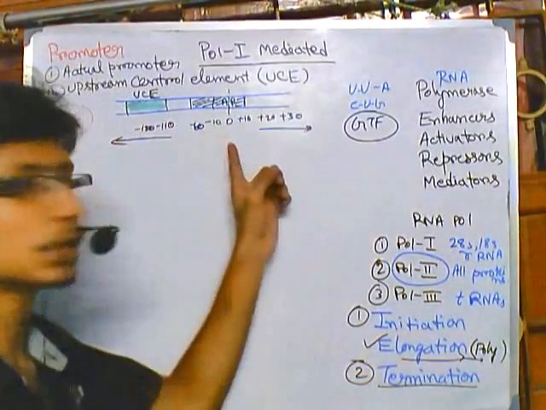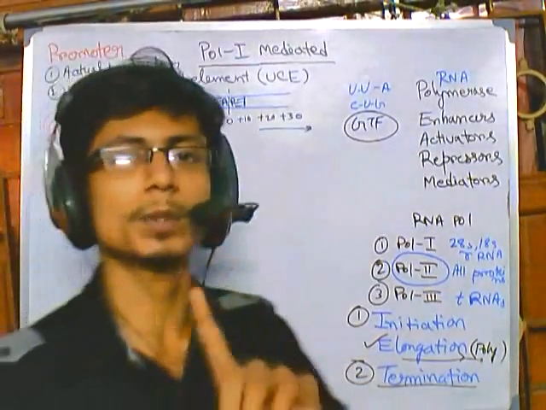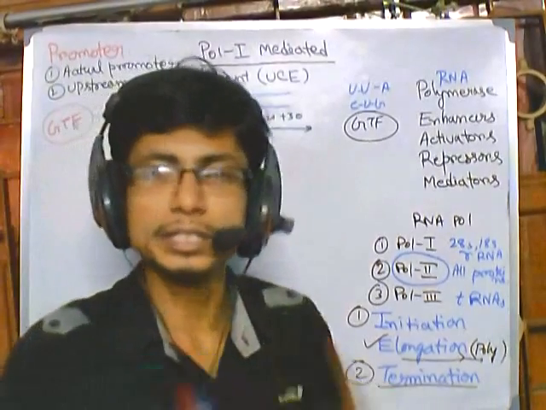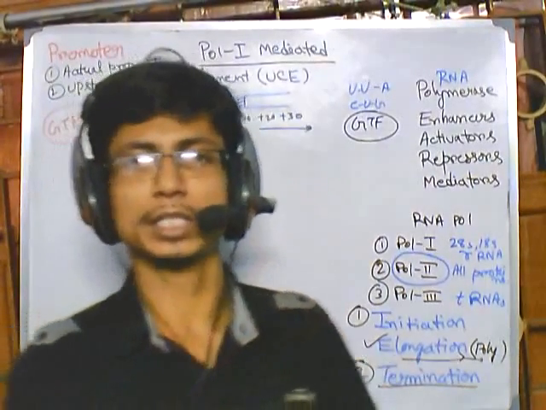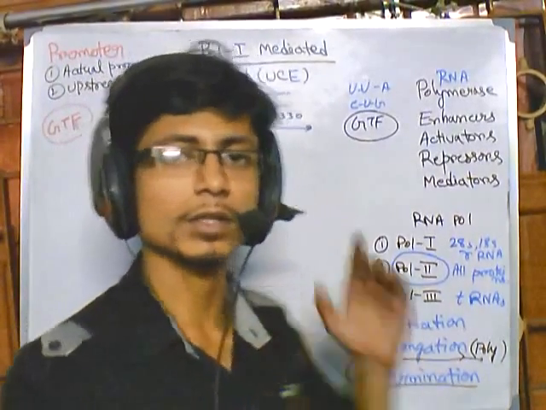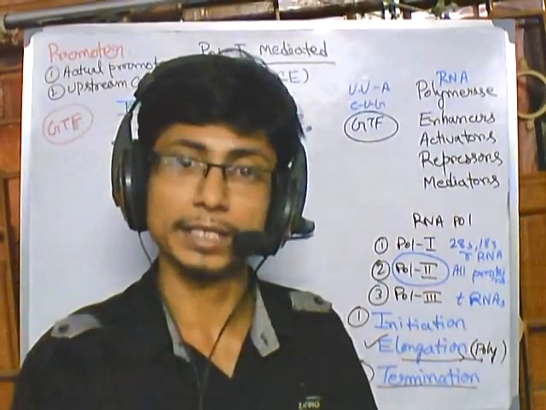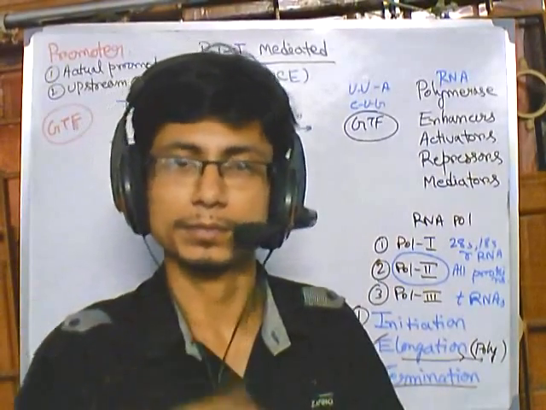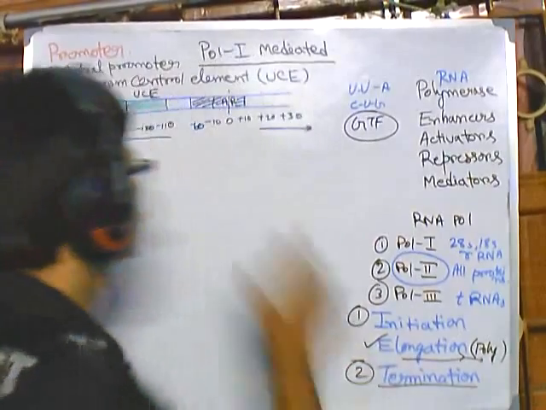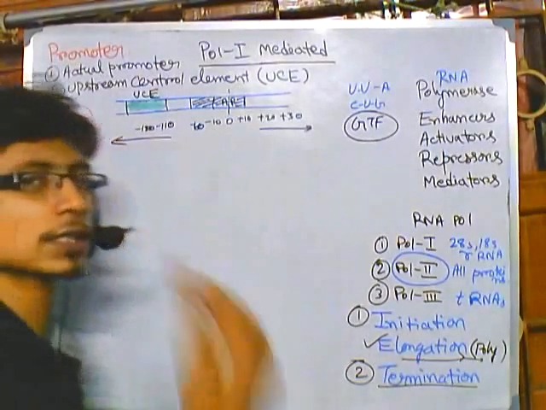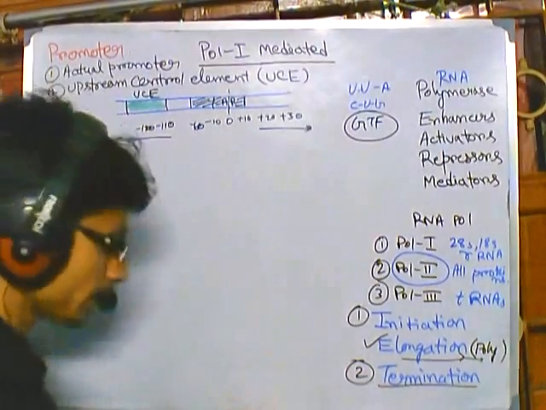So I am talking about the initiation, which is the most important of all. The initiation and the control of the initiation is a major thing for all these eukaryotic transcription events, where we require those transcription factors as well as the RNA polymerase. So here the generalized transcription factors are of different types.